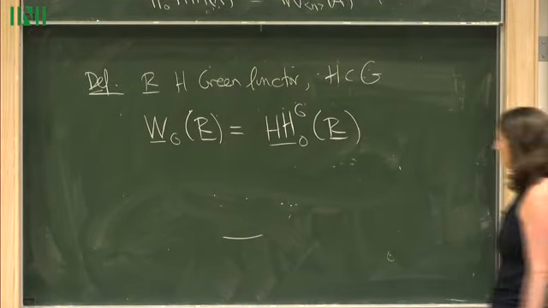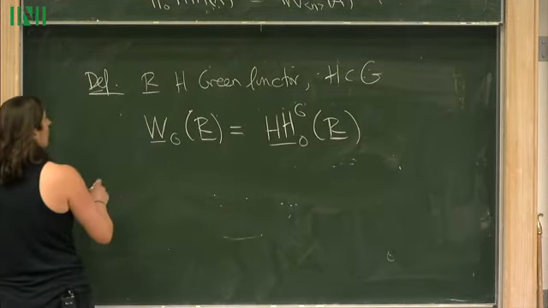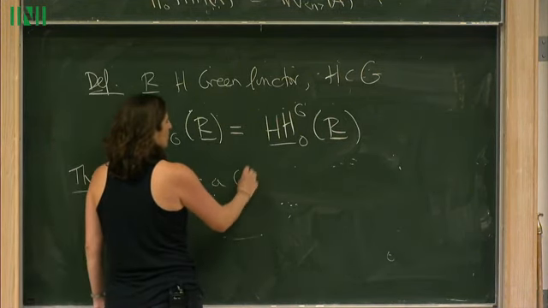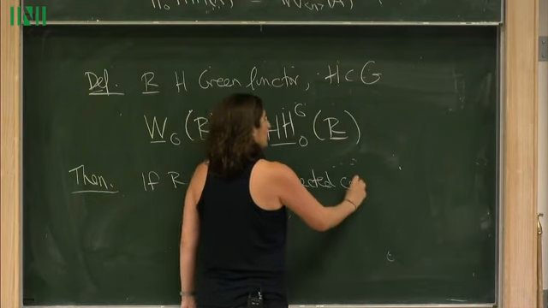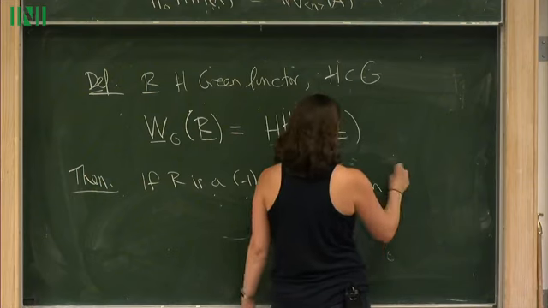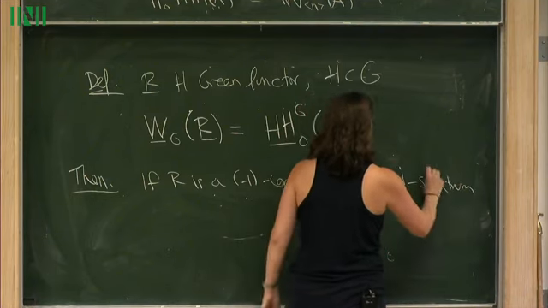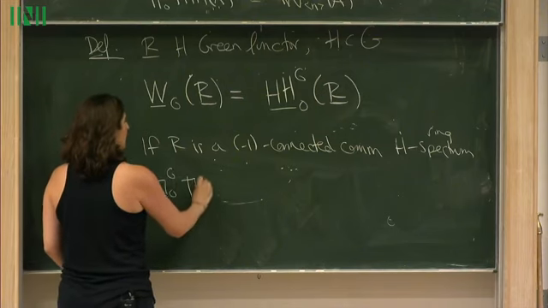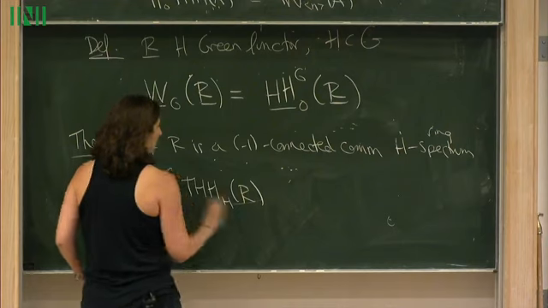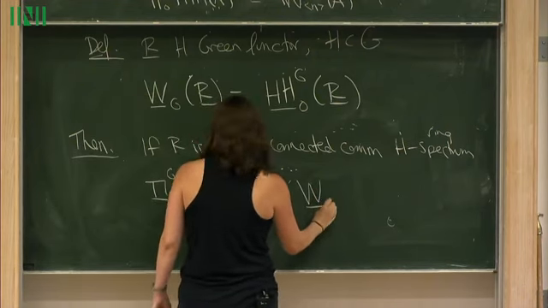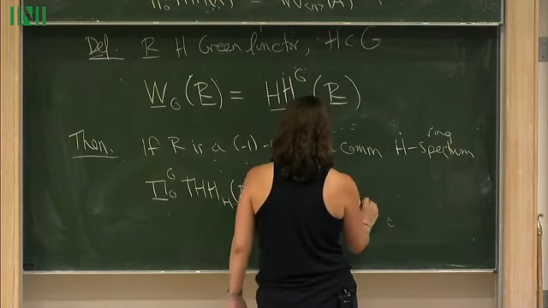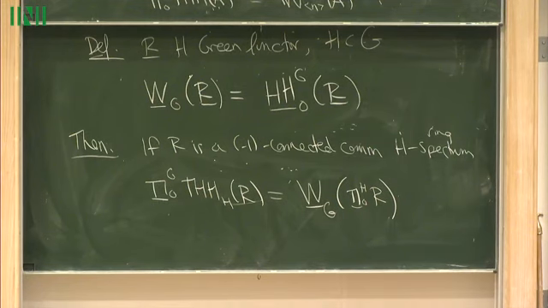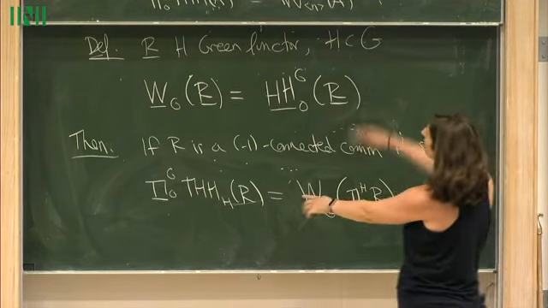And if you define G Witt vectors in this way, then you get exactly the result that you want, which is that if R is a -1 connected commutative H ring spectrum, then when you take pi naught of the H relative THH of R, what you get is the G Witt vectors of the Mackey functor pi naught on your ring spectrum R. Okay, so this is a lot of notation, I know, but this is an analog of the Hesselholt-Madsen result.